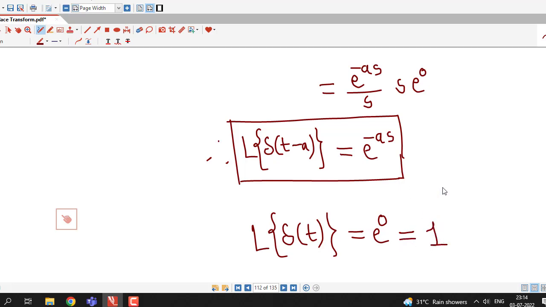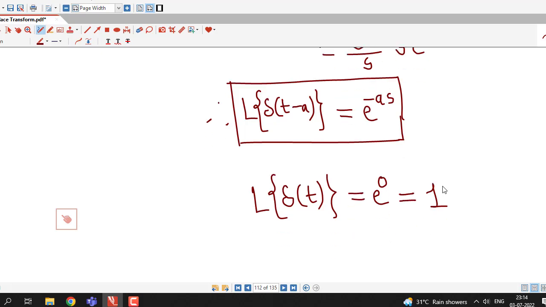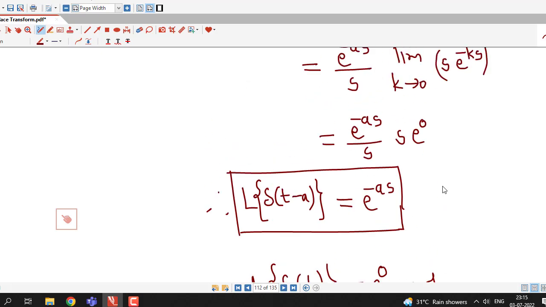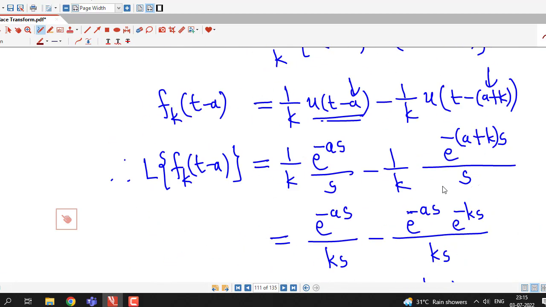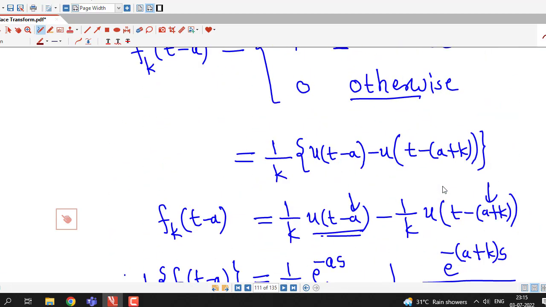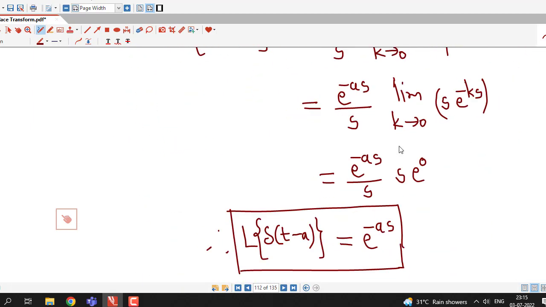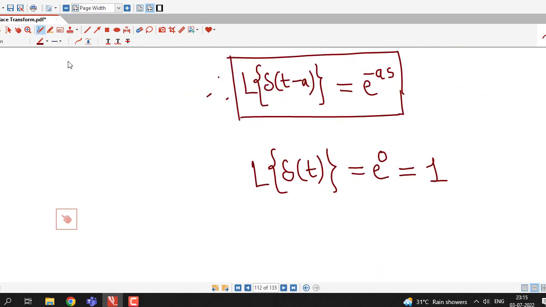In this way we can find the Laplace transform of the Dirac delta function, using the definition of the Dirac delta function as well as unit step functions. And from this you can have the formulas for inverse Laplace transforms of these right hand sides also.